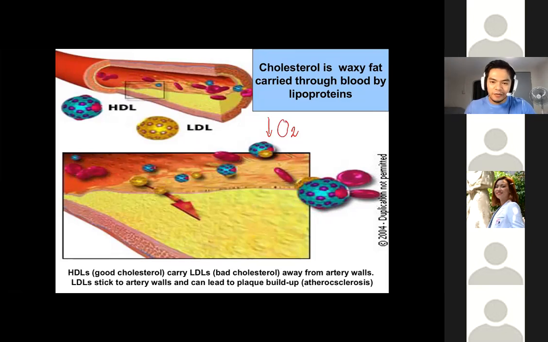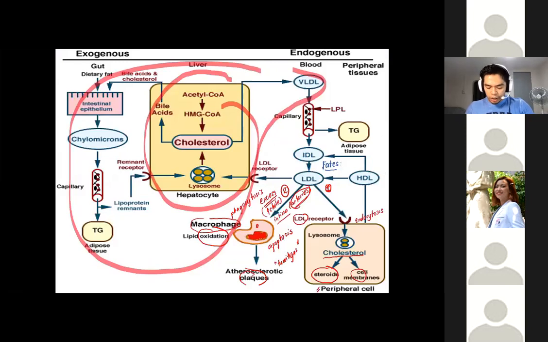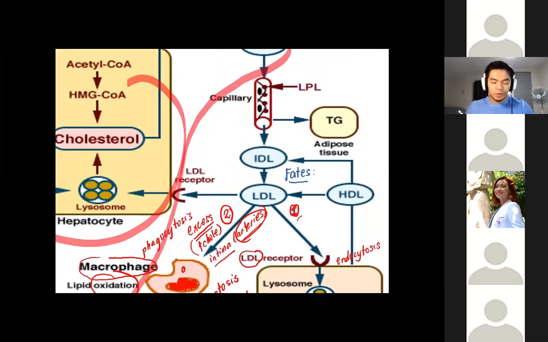So balikan natin ang fate ng LDL. Number one, yung normal, we have endocytosis for tissue utilization. And then number two, we have pag-excess na siya. Kaya overall, anong tawag natin kay LDL? Ang tawag natin sa kanya ay bad cholesterol.